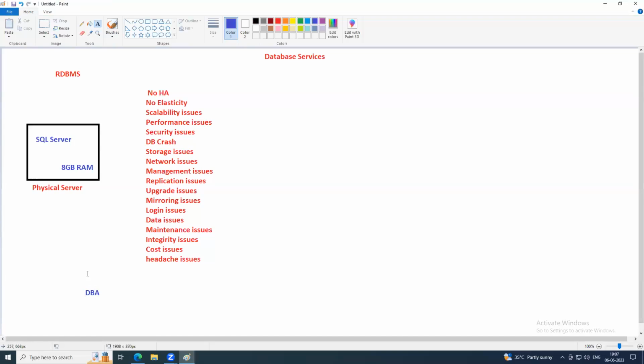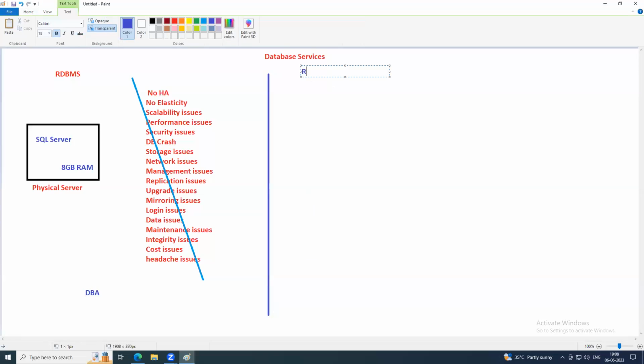So now, all these issues, no more. AWS is handling all these issues automatically. And AWS came up with a service called RDS. What is that? RDS, Relational Database Service.